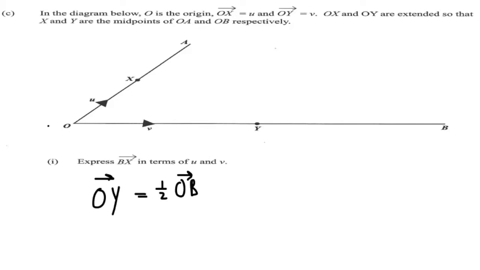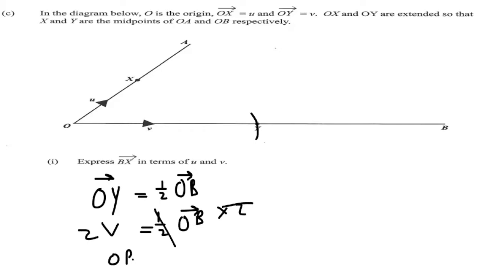Since OY represents V, I can have V is equal to a half OB, and I can multiply both sides by 2. So 2 times a half, that's 1. So what this is saying is that OB is equal to 2V.